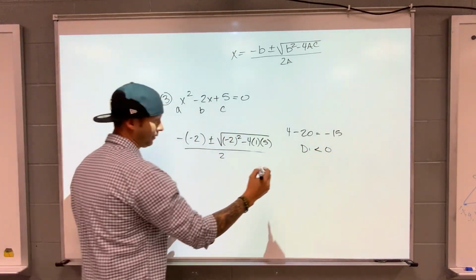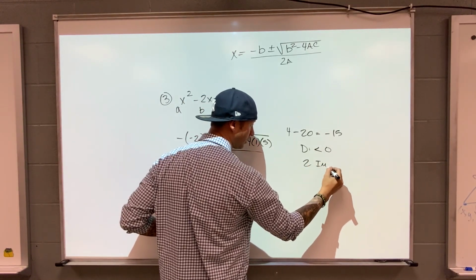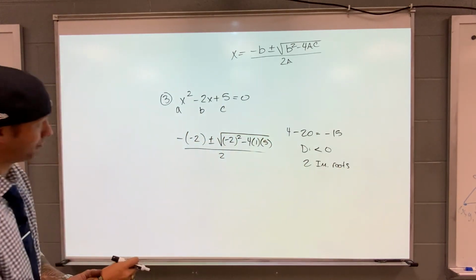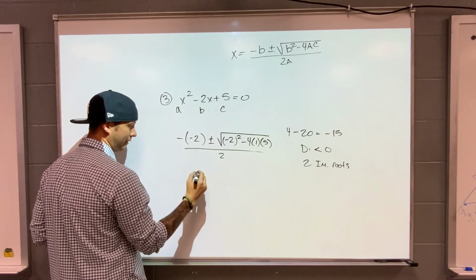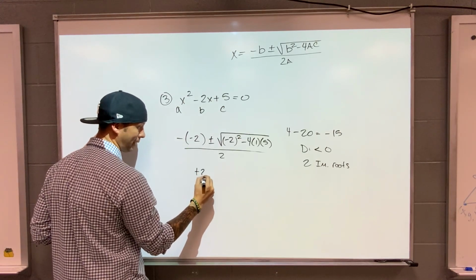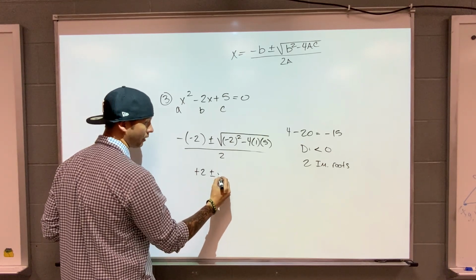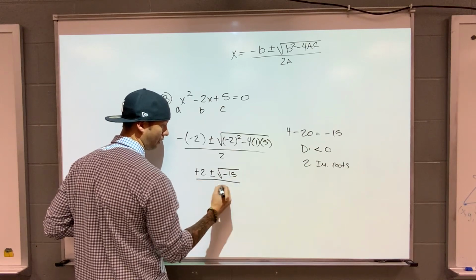This tells me I'm going to have 2 imaginary roots. My answer is going to have i in it. So simplifying, negative and negative, that's math for plus, so positive 2, plus or minus square root of negative 15 all over 2.